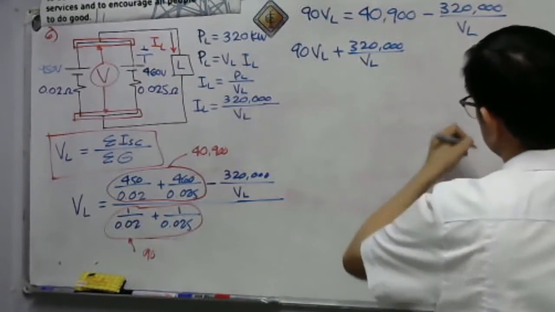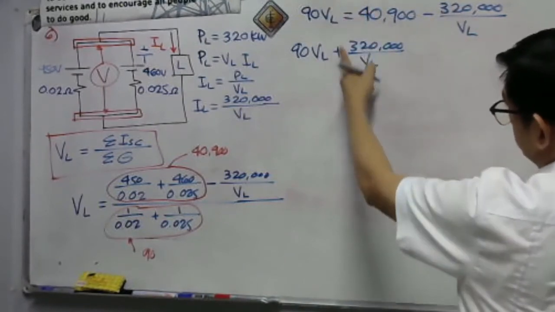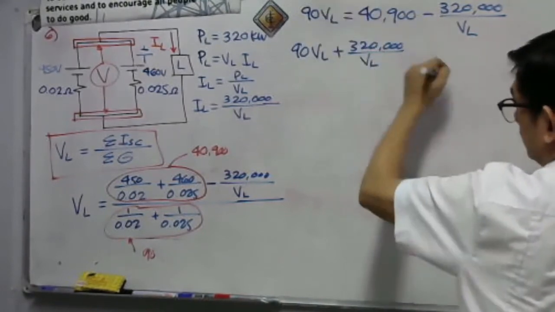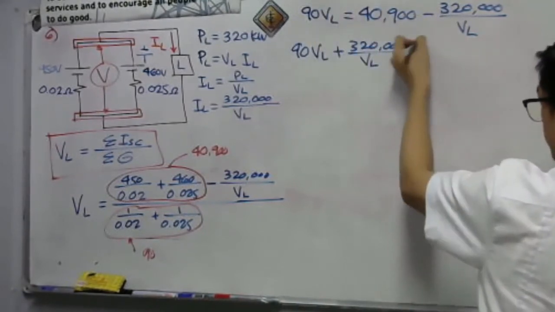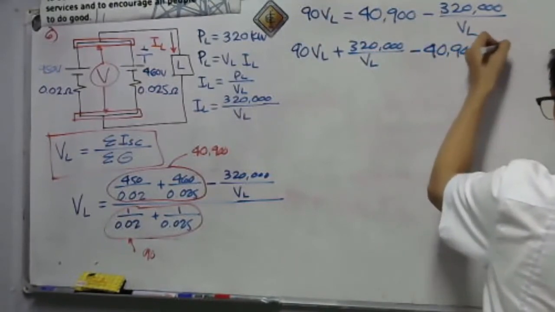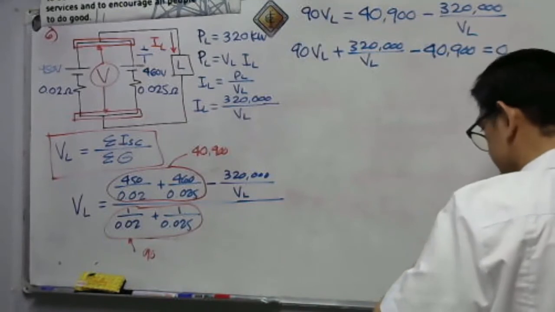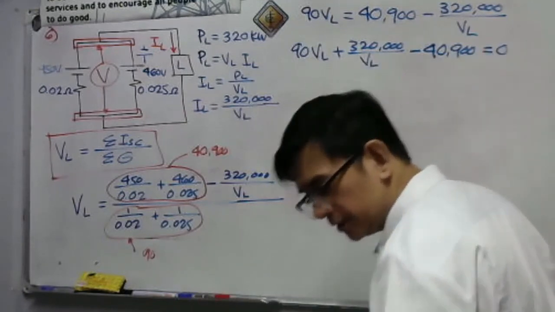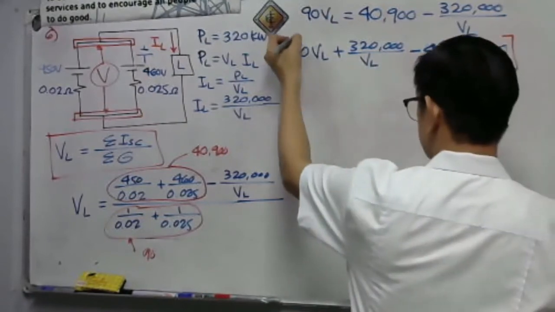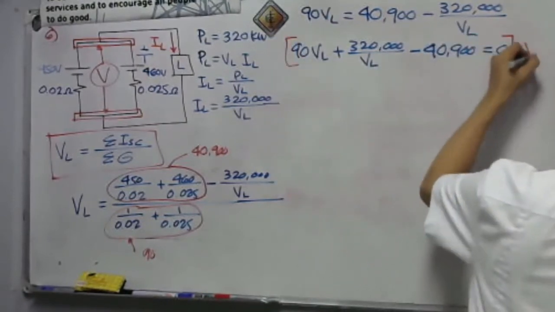Okay, so I transpose this. Negative will become positive. I will transpose all of this, equal to 0. Now, as you see here, I will multiply by VL.